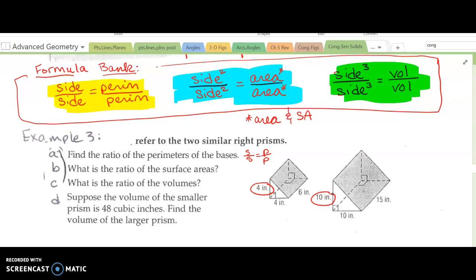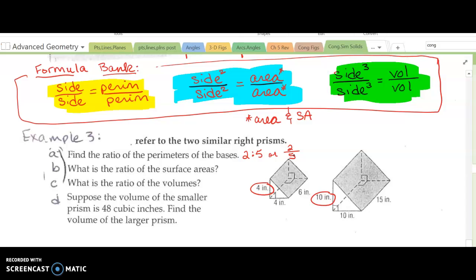So the side-to-side ratio is 4 is to 10, or in other words 2/5, and so the perimeter ratio will also be 4 is to 10, or 2/5. So I'm going to erase all this since I don't have a ton of room, and say 2 is to 5, or if you want to say 2/5, that's the same thing.